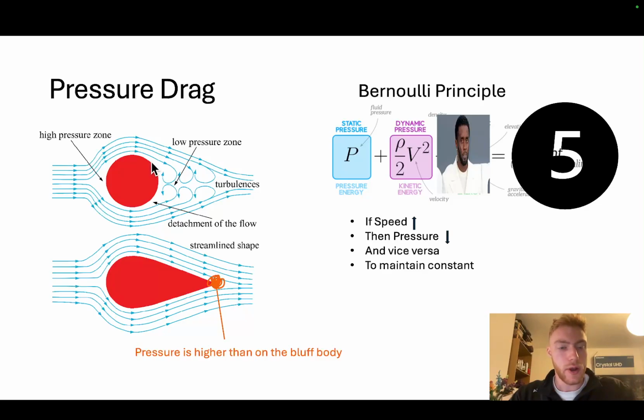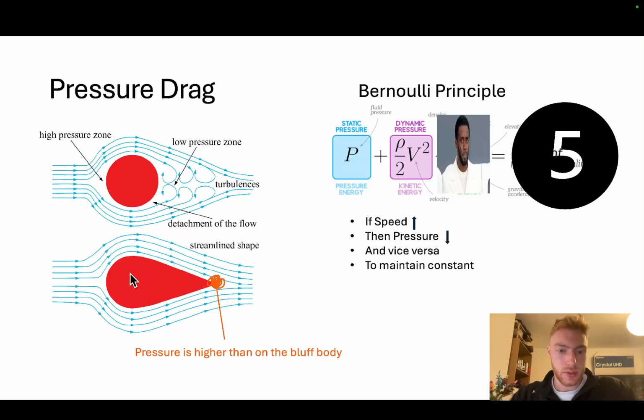But then what actually happens in a bluff body, which is an object that isn't very aerodynamic, is the airflow separates from the surface, because it was sliding all over the surface. Then you get this turbulence, and that causes really, really low pressure here, because it's all swirling around in random directions, and it's not sticking to the surface.